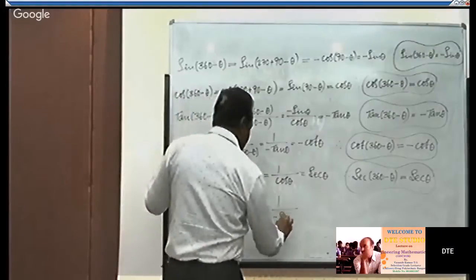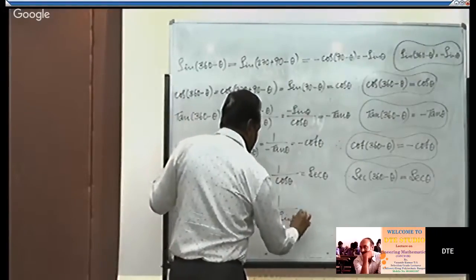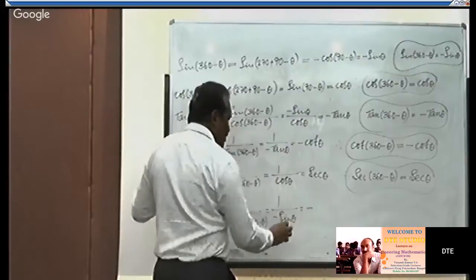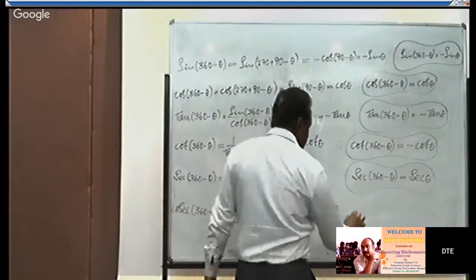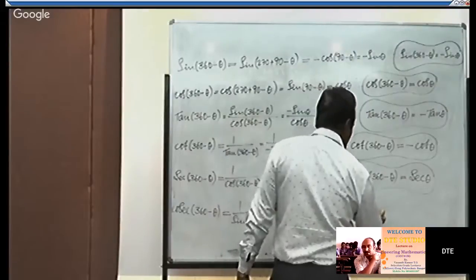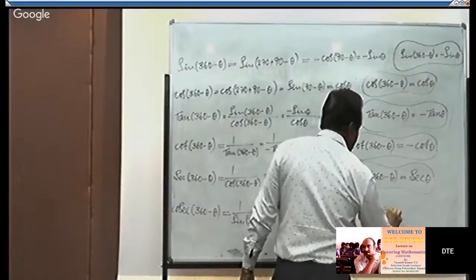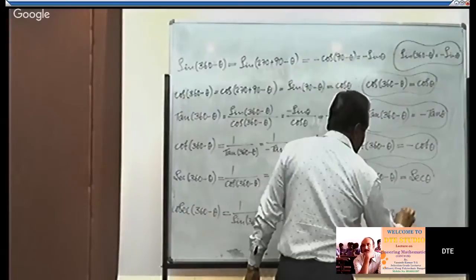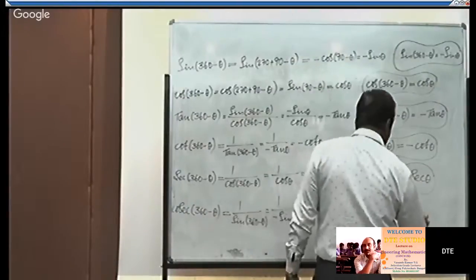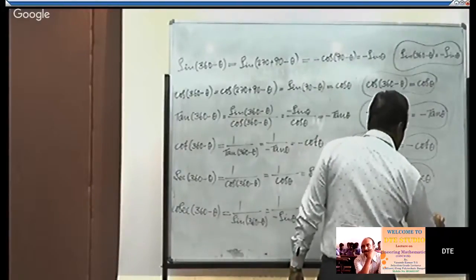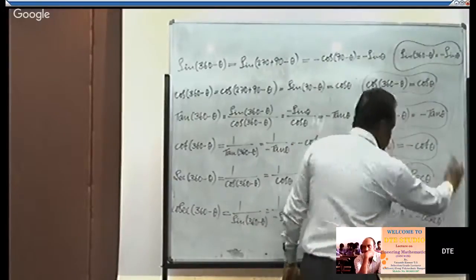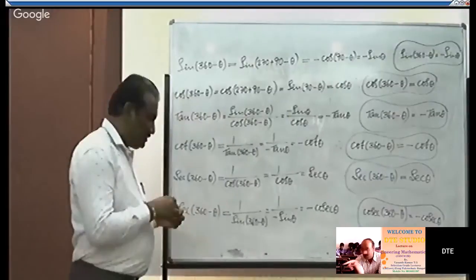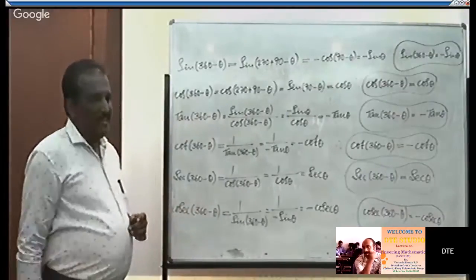This is minus 1 by sine. Thus, the conclusion is cosecant of 360 minus theta is equal to minus cosecant theta.